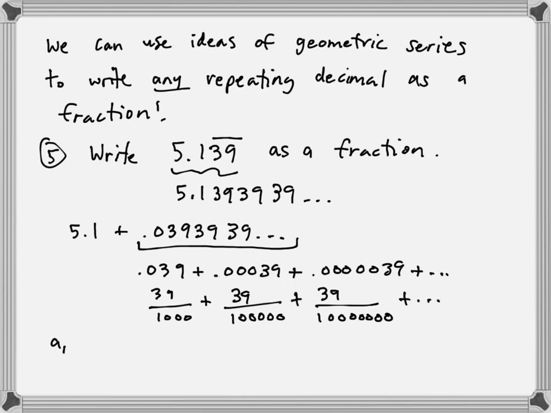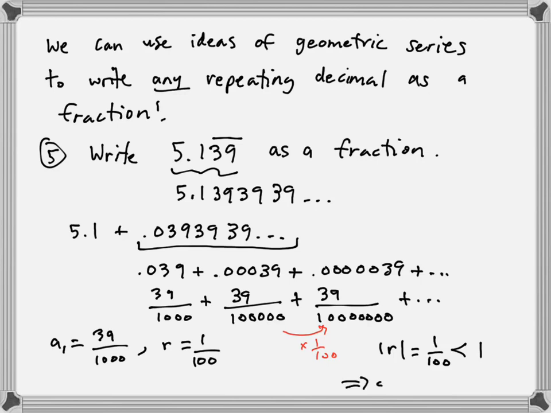So what is a1? a1 is 39 over 1,000. And what's r? It's 1 over 100, because each time we're multiplying by 1 over 100. So does this converge? Yes, it does. The absolute value of r is equal to 1 over 100, which is less than 1, so it converges.